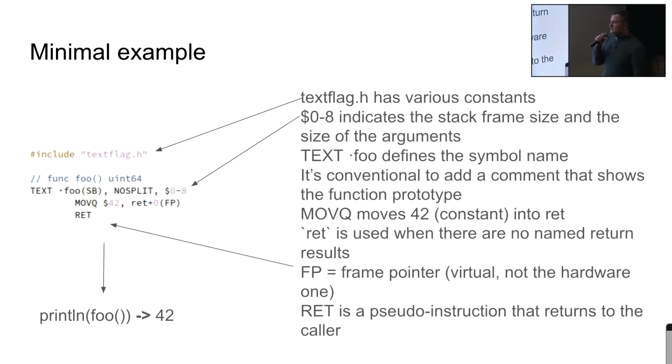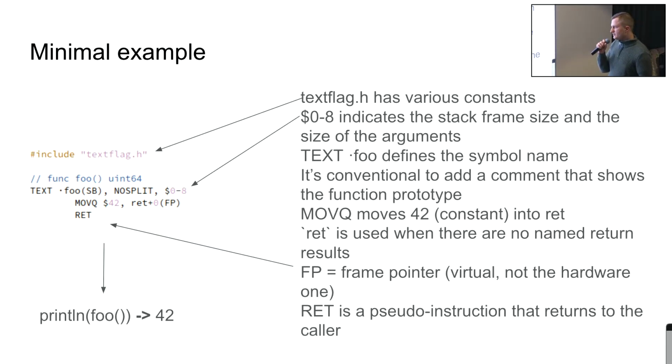So, how do functions look in assembler? This is a simple function called foo. It just returns the constant 42. We should always remember that this is still an abstraction. For example, ret is a virtual place where you should put return values.